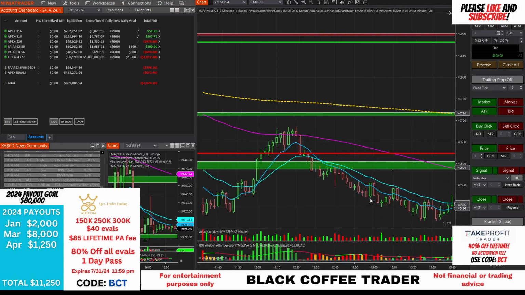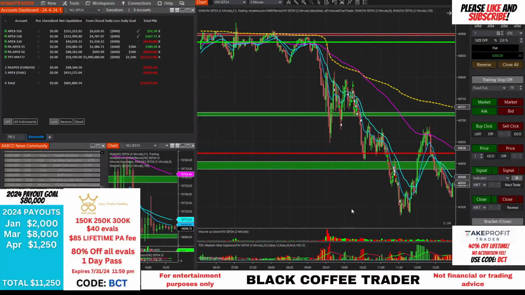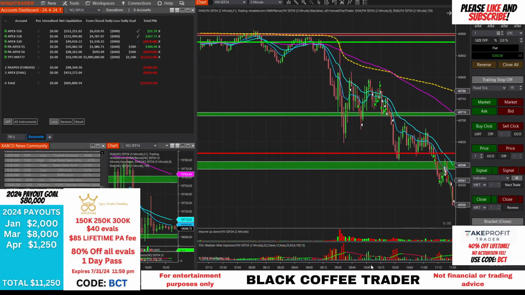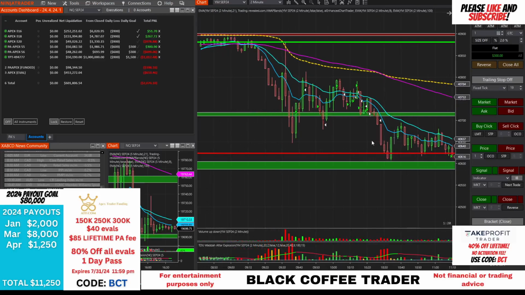Oh gosh, I've got to go back here. I was up like 500. Right here is the first trade. I usually copy trade my evals, and obviously I took a lot of eval trades. This was the first trade, $500. So I was up 500 across these two at 319 with a different eval, and also this take profit account.